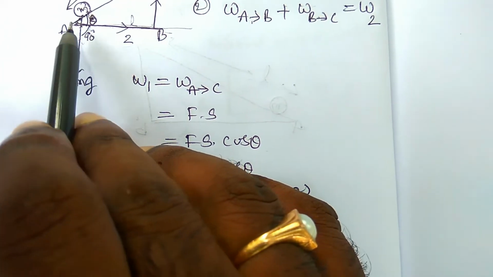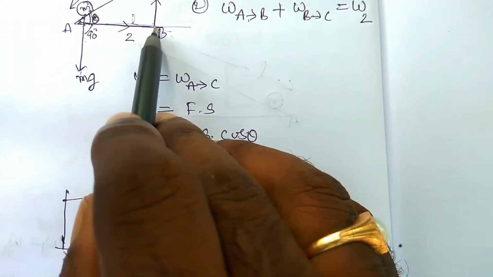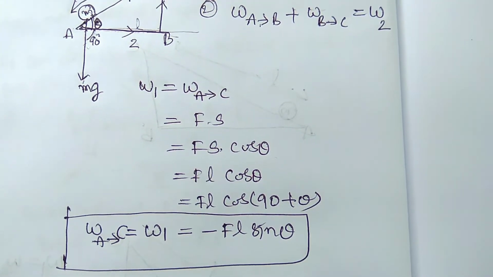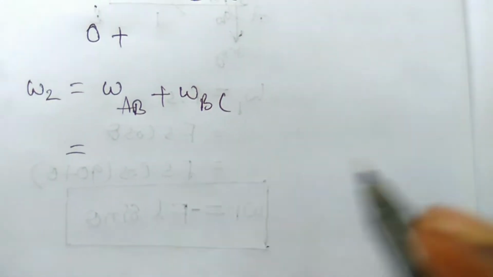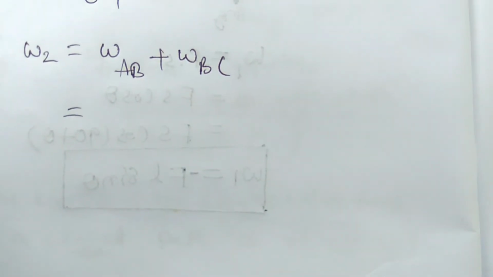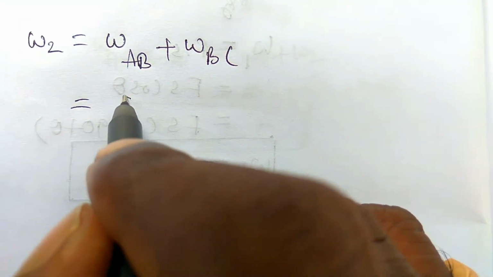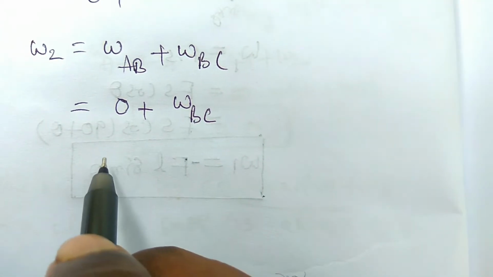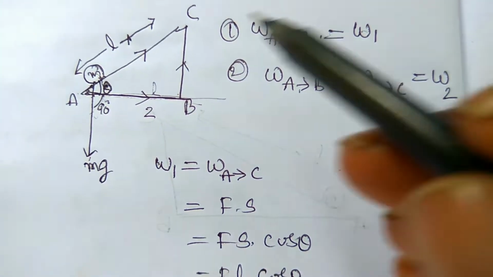Cos 90 is equal to 0, so the work done along AB is equal to 0. Hence the work done along AB is 0, plus the work done along BC.